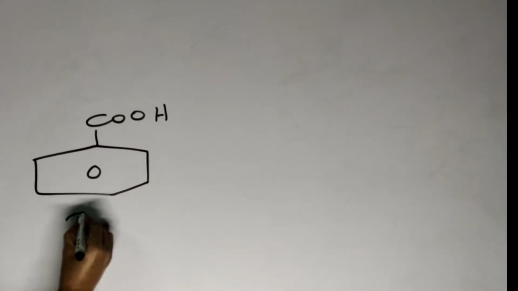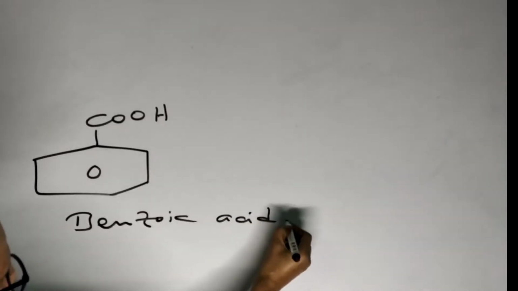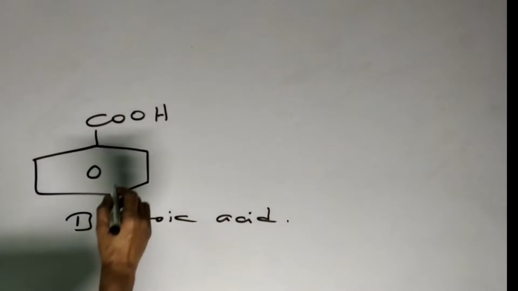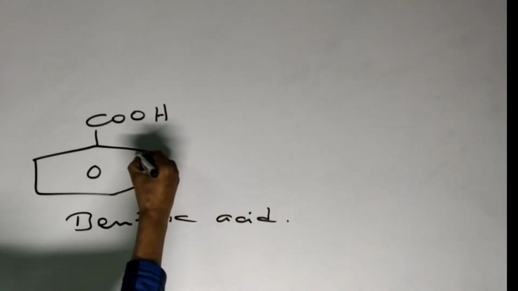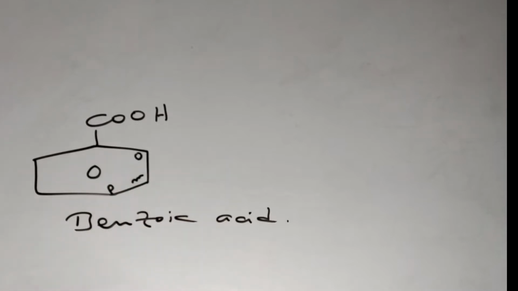Its name is benzoic acid. When you insert a substituent at ortho, meta or para positions, the acidity of the carboxylic acid increases or decreases.